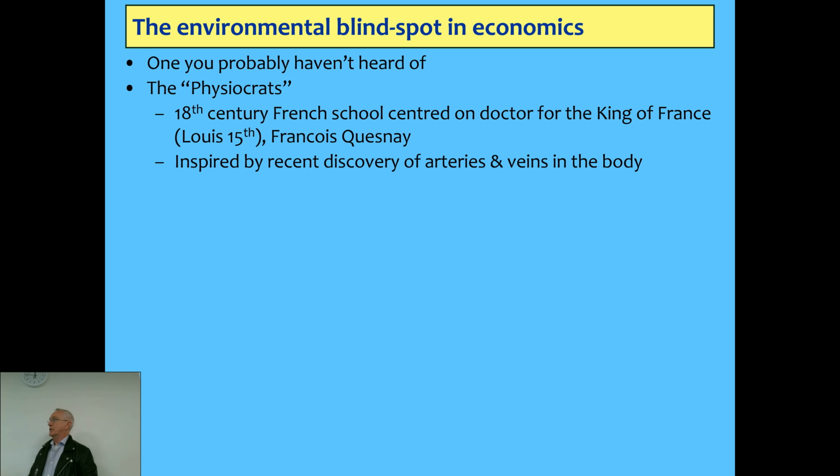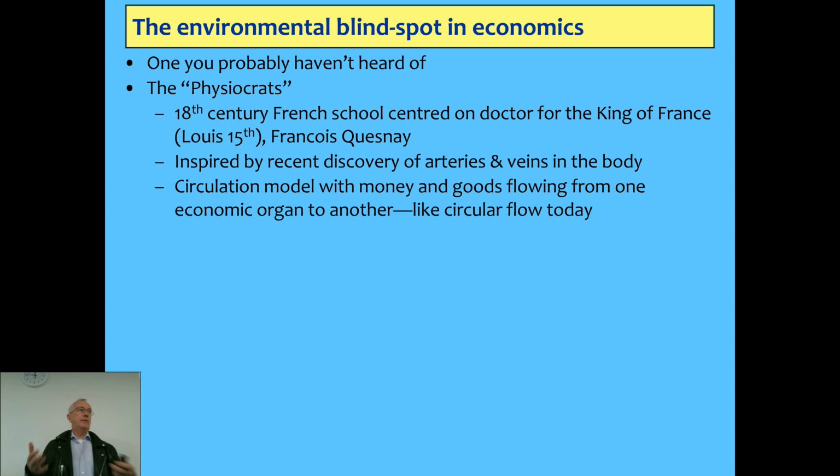He was a doctor for the French king, and this was just after autopsies had discovered the human body had arteries and veins. We see all these cables running everywhere carrying fluids. So this idea of fluid flow became a vision of how the body operates, and Quesnay was fascinated by the economy as well, and he saw the same idea of a flow of fluids from one organ to another.